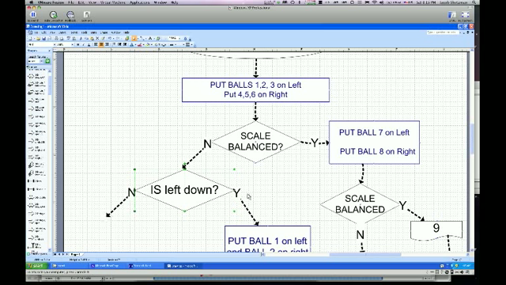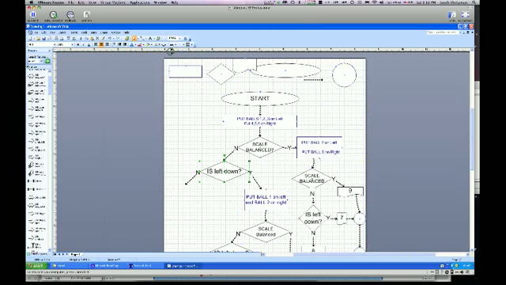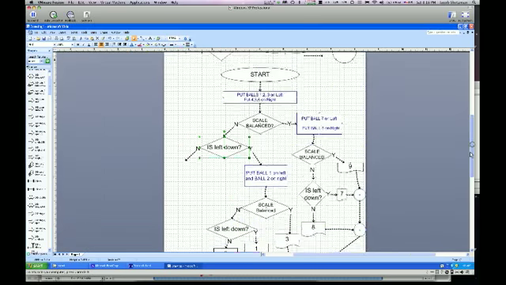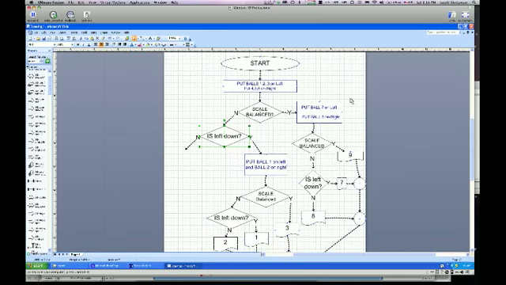So try to look at what I did, review it again, and once you finish, try to complete the chart and solve it for 4, 5, 6 in the same manner that I solved it for 7, 8, 9, and 1, 2, 3. And then you'll add another branch here.